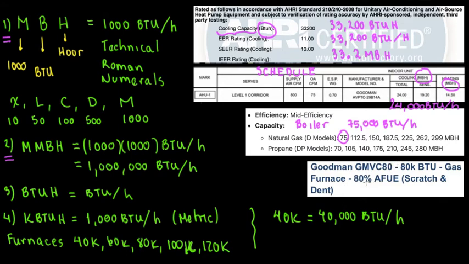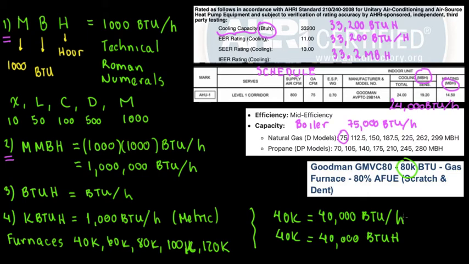For example, here we have a Goodman GMVC 80K, it says 80K BTUs per hour. But don't forget the K is metric, it is not expressed in Roman numerals. When you say MBH, you're expressing it in Roman numerals, and this depends on the application. So 40K is 40,000 BTUs per hour.